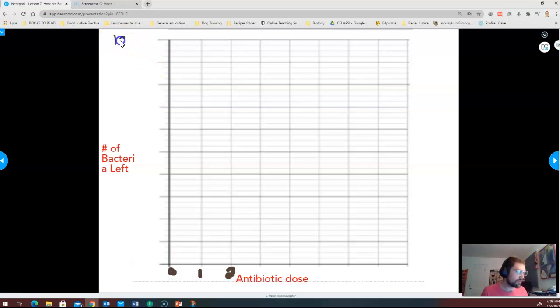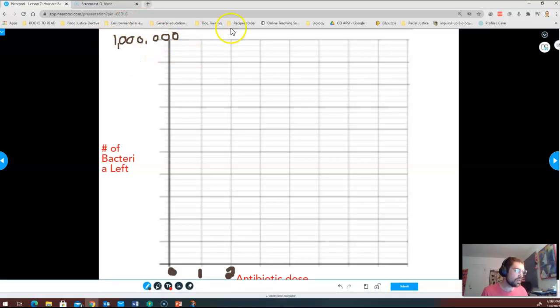We started off with 1 million. Okay, so you'll always set up your graph for the numbers that you have, okay? So you're going to spread these out evenly. Remember, they're even increments all the way down, and then fill out this graph.